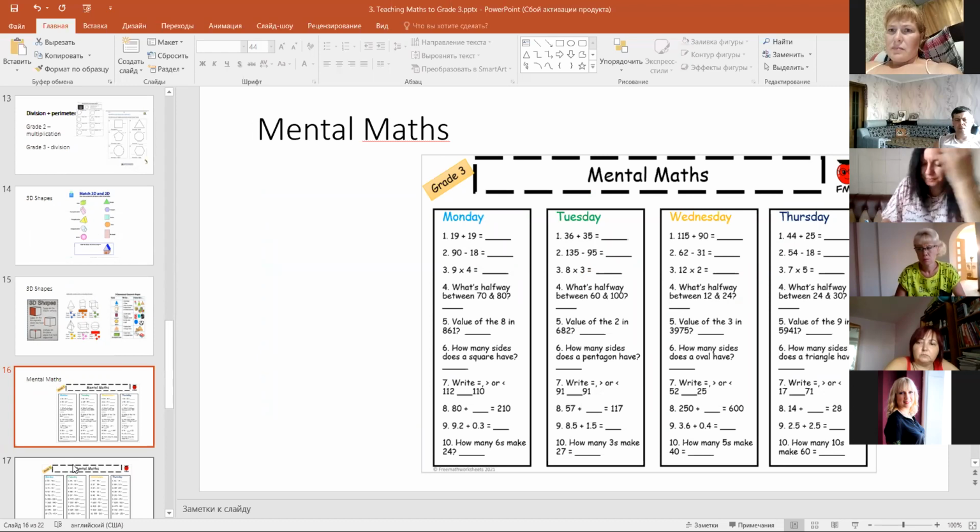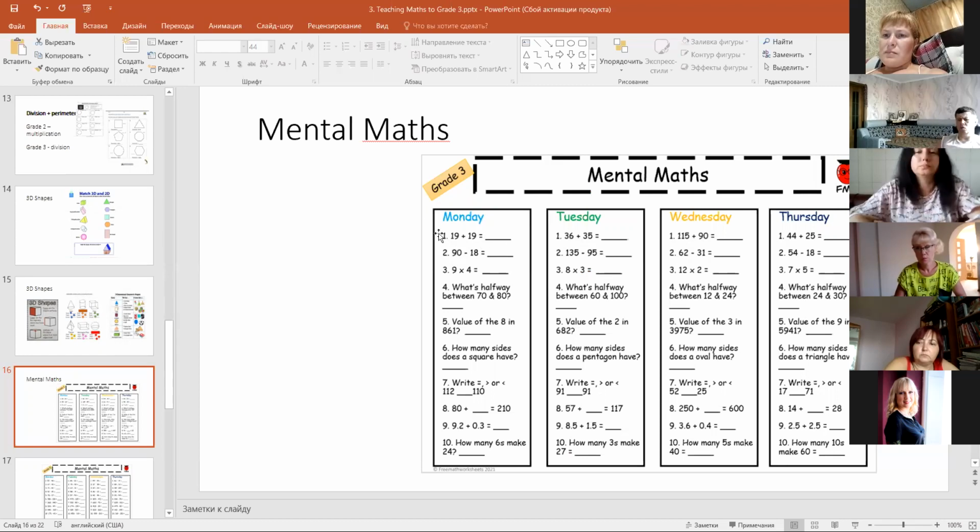And here is an example of warming up activities, like mental math. Imagine what kids of the 3rd grade should be able to do mentally, without the cell phone, without the calculator, just mentally. So for addition, what do we need? 19 plus 19.